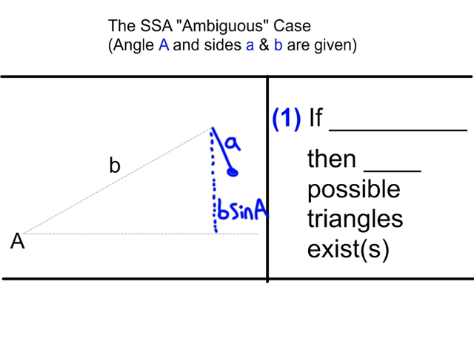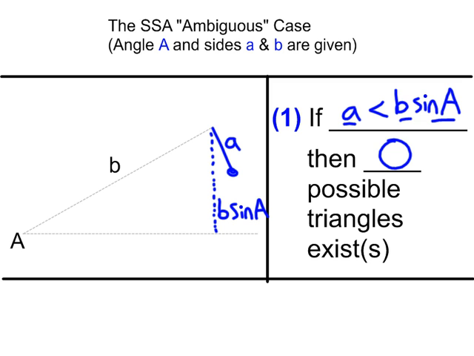So if little a is less than whatever the calculation of b sine A is, and remember, this is given information, you can put it into your calculator. And if little a is less than b sine A, you've got this condition in which there are 0 possible triangles.